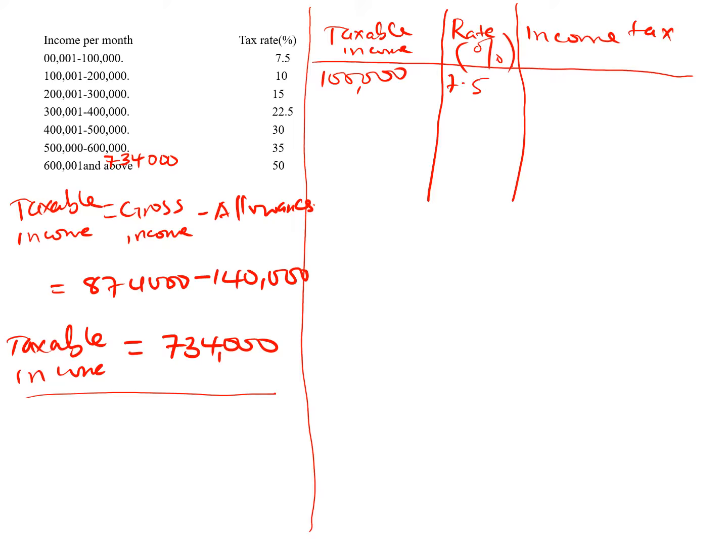Then our taxable income here will be 7.5 out of 100 times 100,000. And here we get our answer as 7,500.